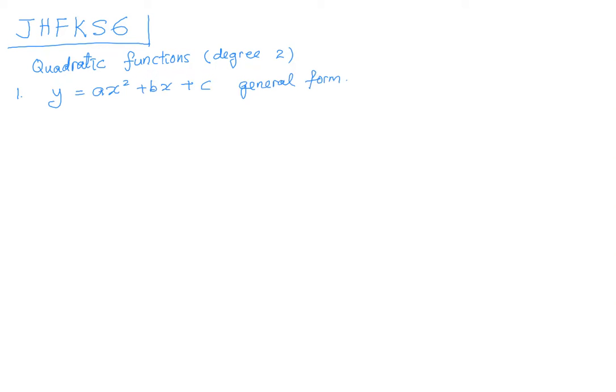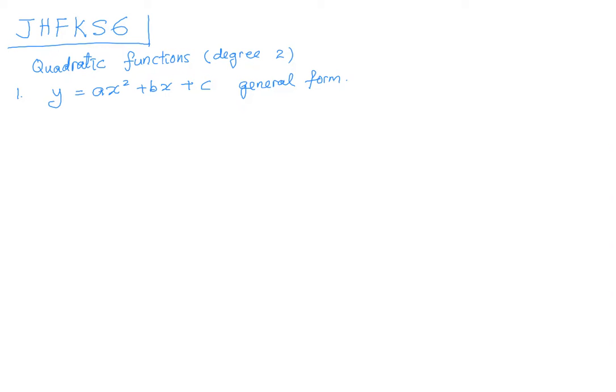So why do we want to write a quadratic function in general form? Who can tell me? If I give you a quadratic in general form, straight away, what is one of the things you can read from the equation?